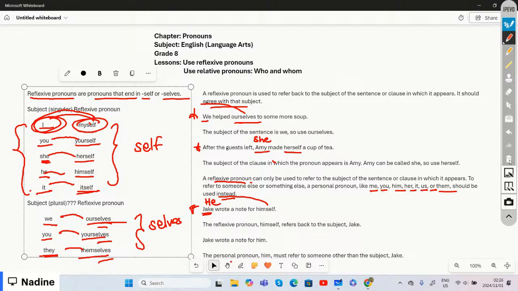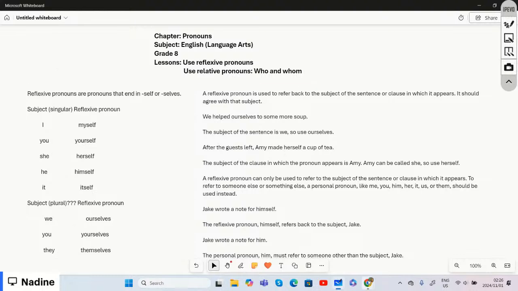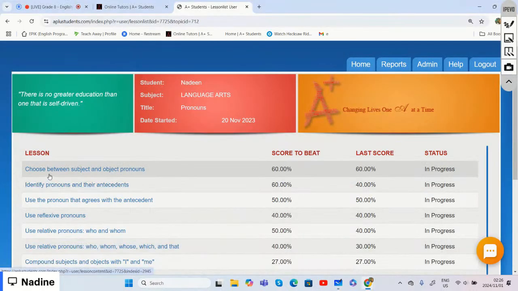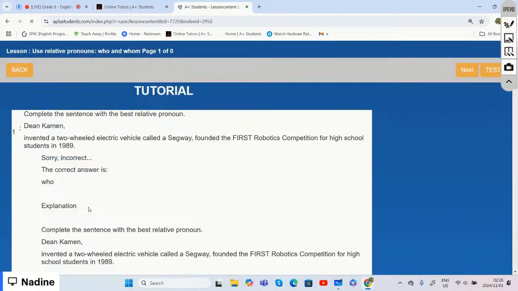All right, so now we're going to our test where we are going to use reflexive pronouns.